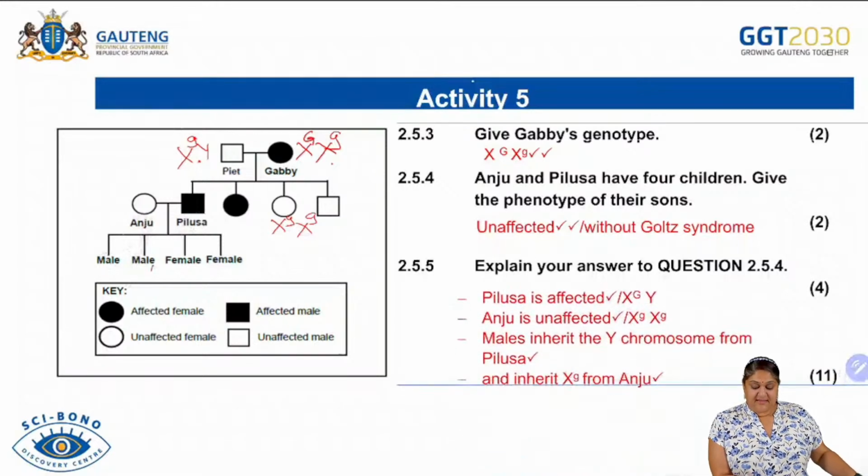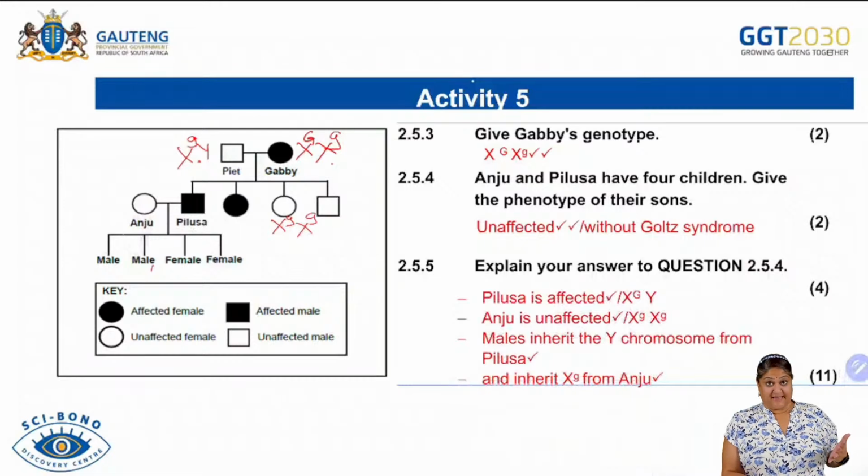Explain your answer. Now we need to explain, not the way I was explaining it. Let's explain it in proper life science terms. What you do is you state what the mother is and you state what the father is. Firstly, we're starting with the mother. Pilusa is affected. Anju is unaffected. So if they're unaffected, they need to have the small letter g. Remember, we said that, right? And Pilusa is affected, he has the capital letter G. Males inherit the Y chromosome from the father.